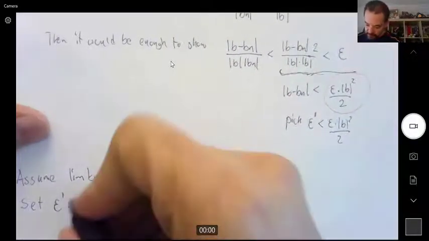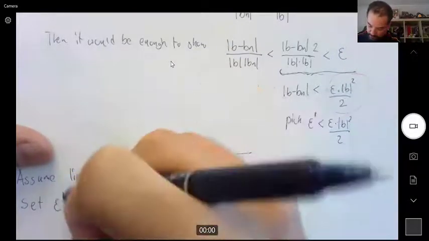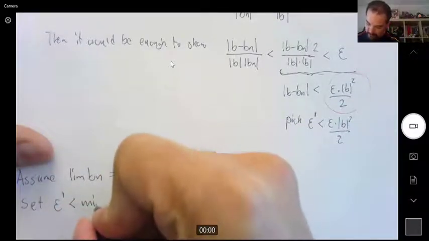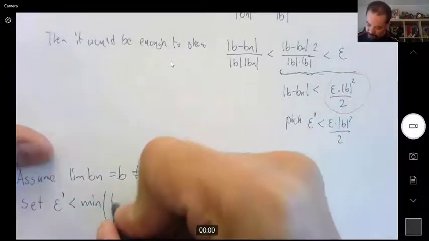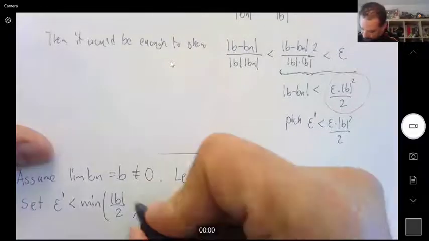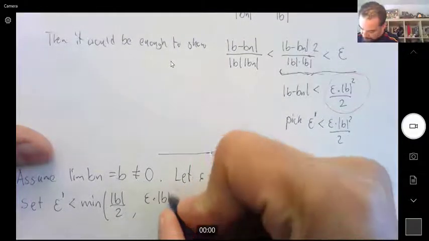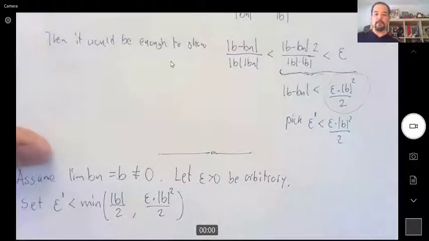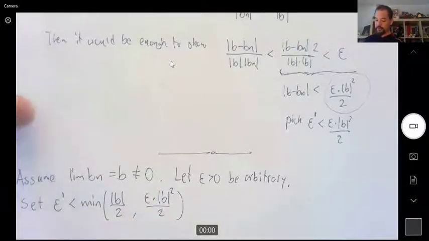So let's set epsilon prime smaller than the minimum of the absolute value of b over 2, and epsilon times quantity of b squared divided by 2. Okay? So that way our epsilon prime can now be smaller than both of these.